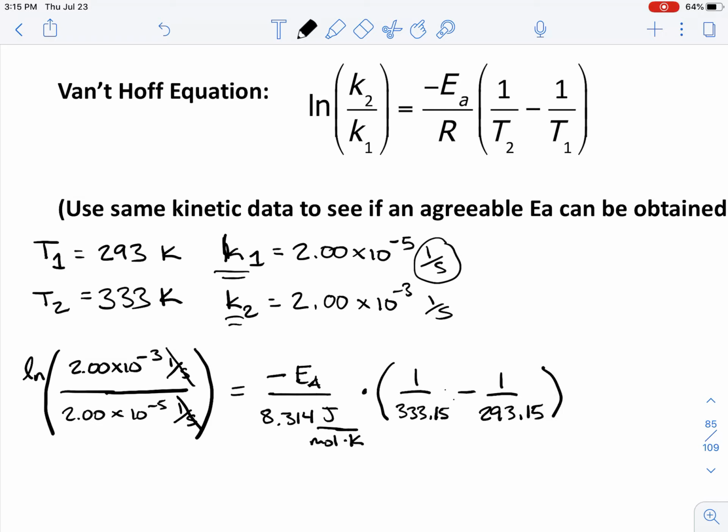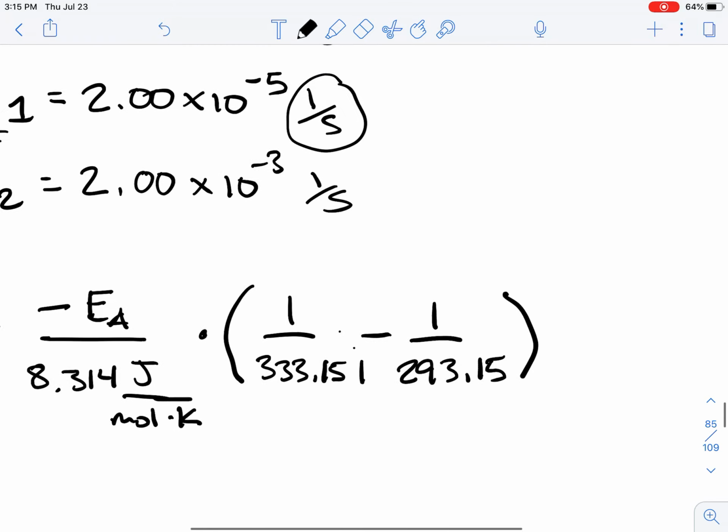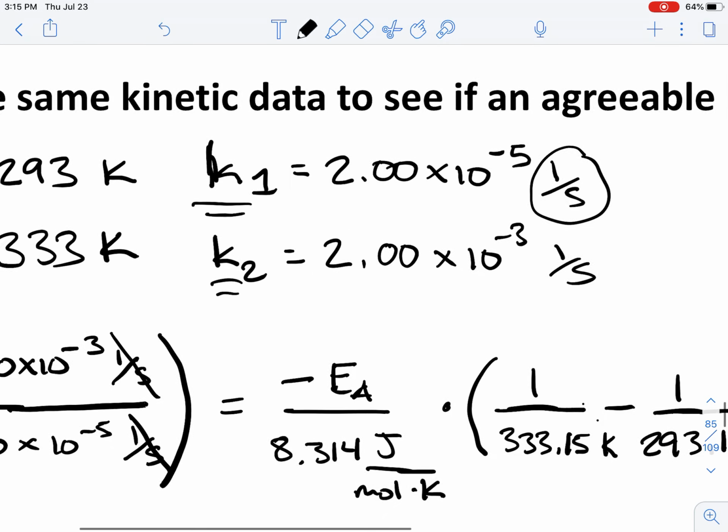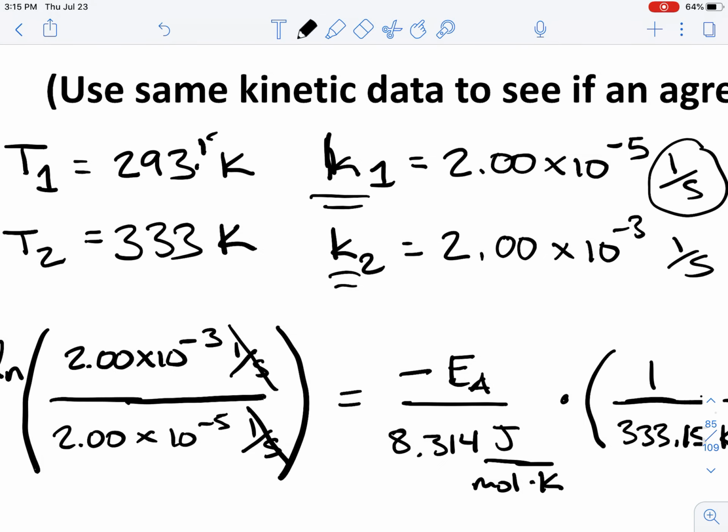And so since these are Kelvin units, I'm just going to put K. Let me zoom in here. I'm going to put Kelvin, and I'm going to put Kelvin. Okay. And so I simply forgot to add in the 0.15. Let me just add it right there.